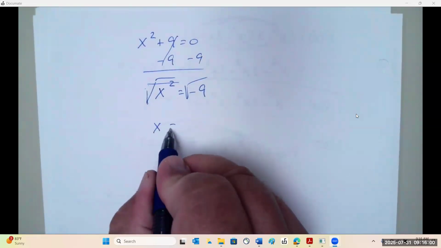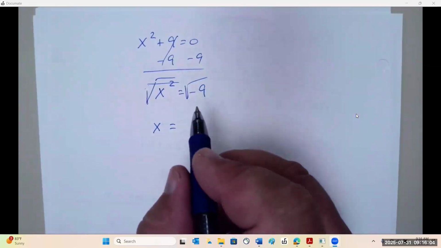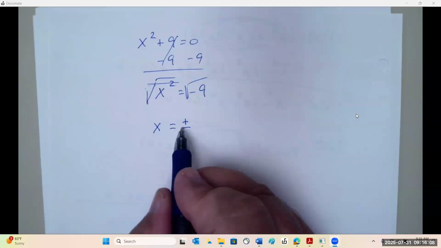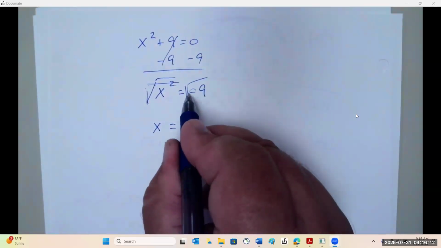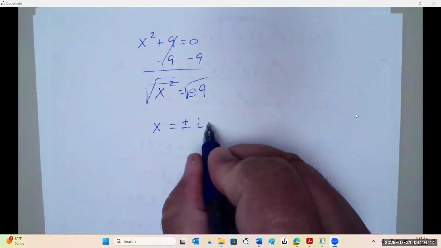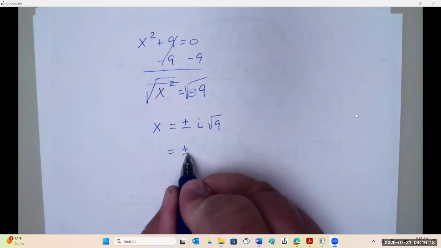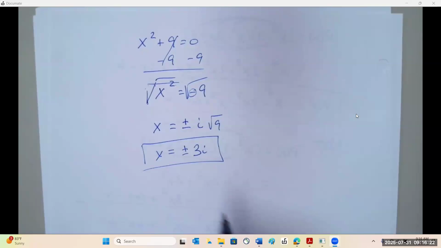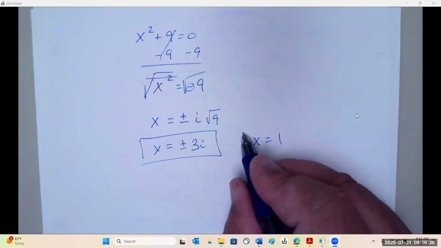What are you left with? Plus or minus. Whenever you square root something squared, you have to put a plus or minus there. That becomes an i. What's the square root of 9? So these are my 3 solutions.